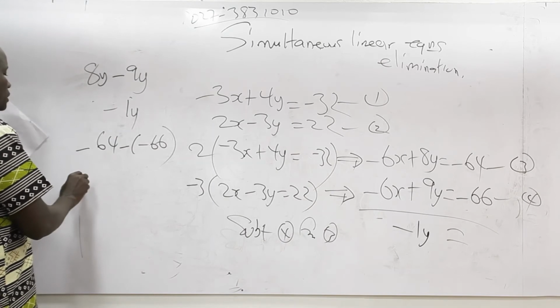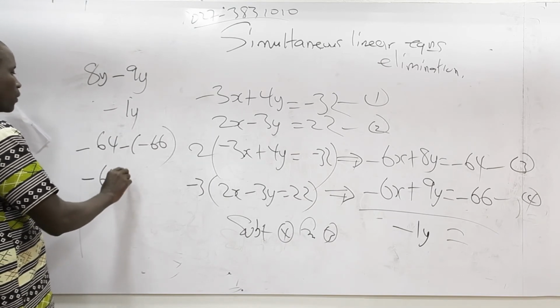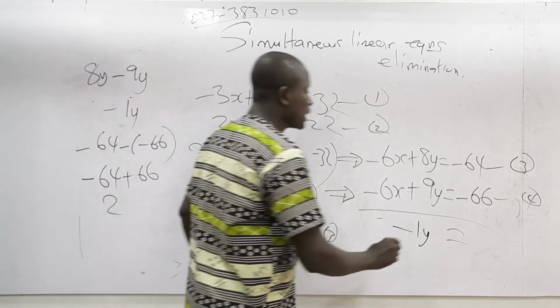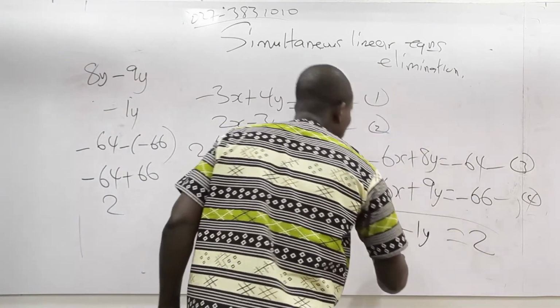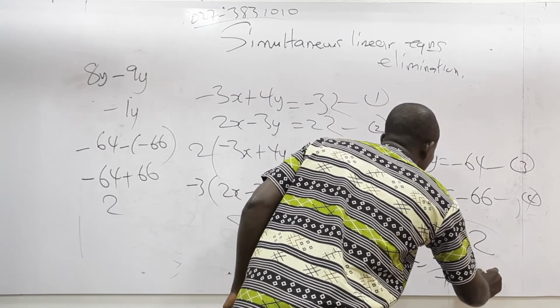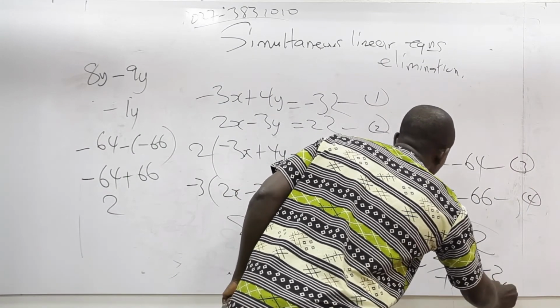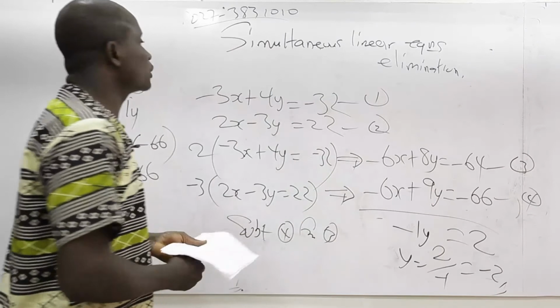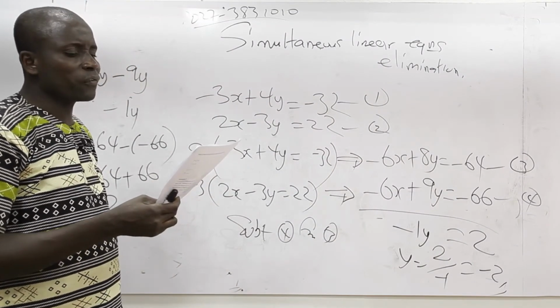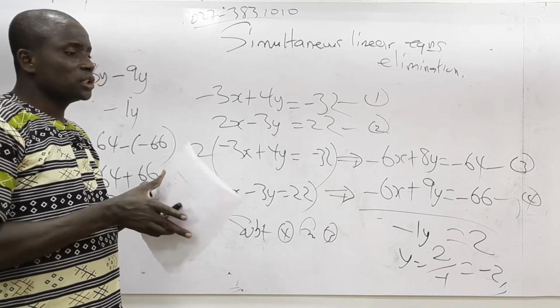So here becomes negative 64 plus 66, and it will turn to positive 2. So y is equal to 2 over negative 1, and that will be negative 2. Okay. Then you can substitute to get your x. So far, that is the method of elimination.